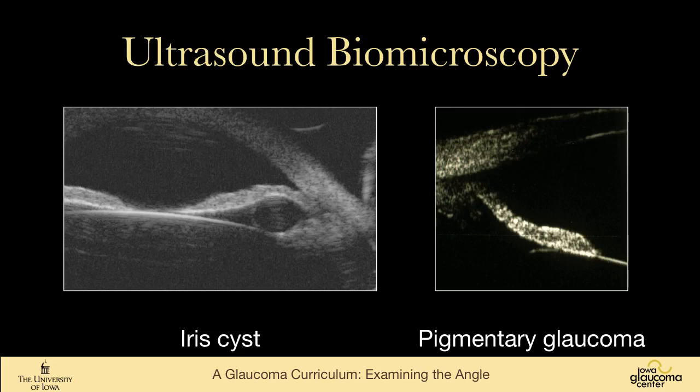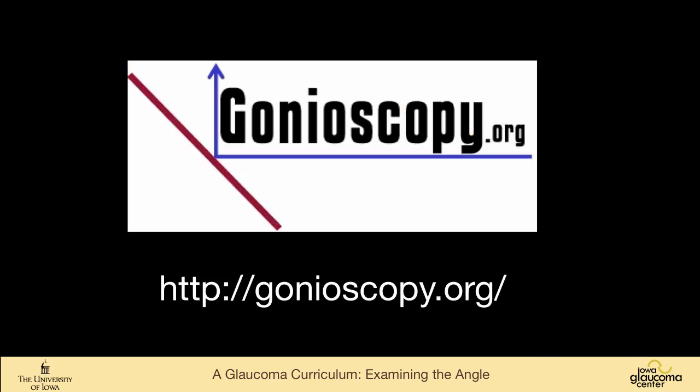And one can see things with ultrasound biomicroscopy. On the left slide, you see an iris cyst, and on the right, pigmentary glaucoma. These technologies are great. I think that they're wonderful adjuncts to gonioscopy. They're going to be tremendously helpful for populations that have a high prevalence of angle closure glaucoma that is undiagnosed, for doing screening techniques.